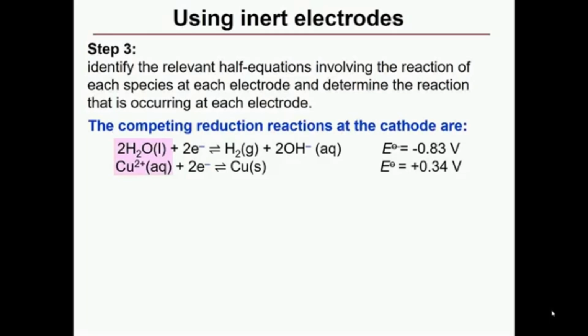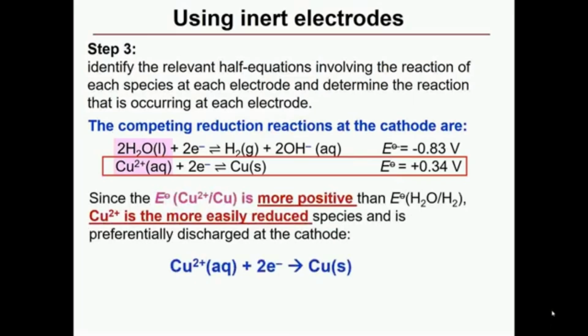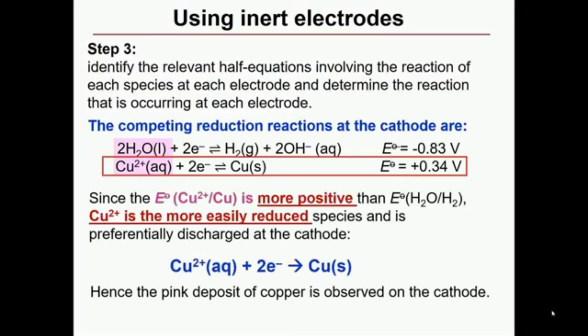From the data booklet, these are the relevant E0 values. For reduction to occur, the one with a more positive E0 value will undergo reduction, and so therefore, in this case, the copper(II) ion will be discharged.